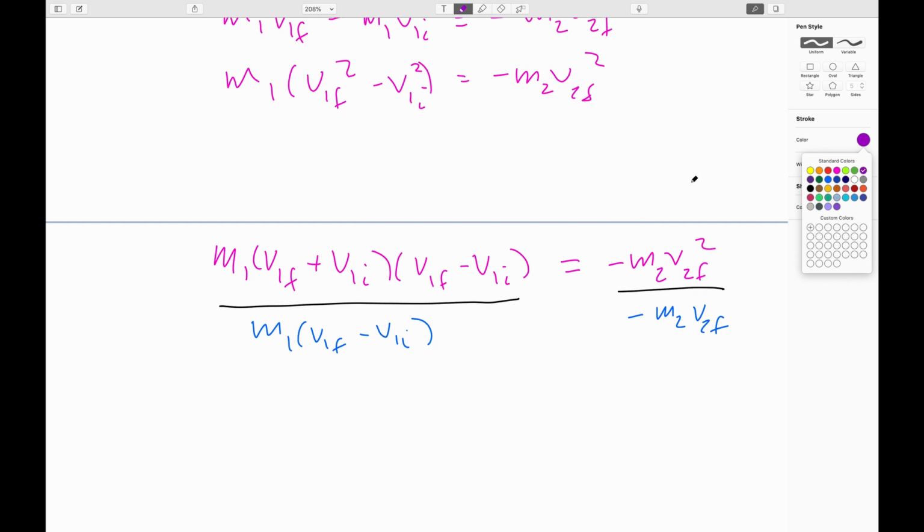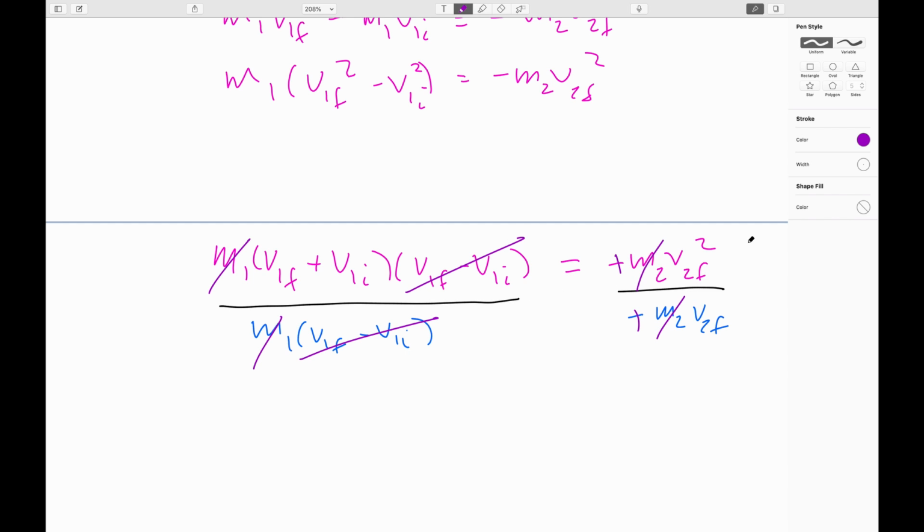We're going to have the M1s cancel here, the minus signs, the M2s cancel, this term with the differences cancels, and we lose one power of V2 final there. Now, with what's left, I'll rearrange that so that I have the finals on one side and the initials on the other. So that will give me V1 final minus V2 final equals negative V1 initial.